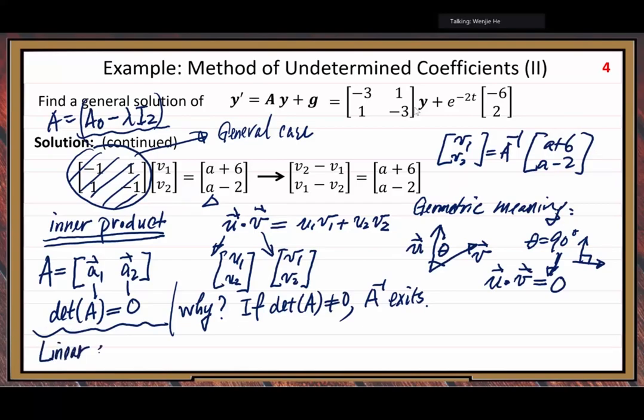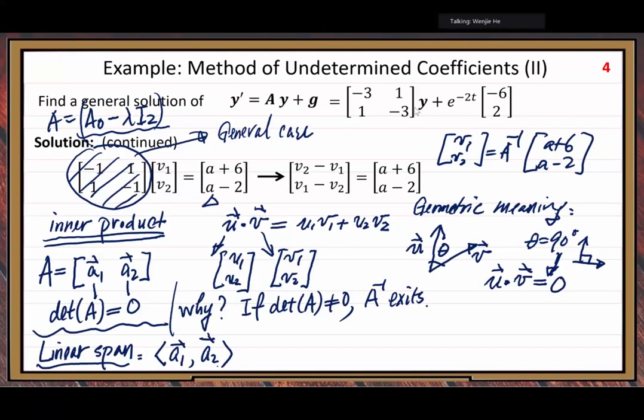We need to use it. People use this notation, angle bracket A1 and A2, to represent that we generate a linear space spanned by these two vectors. That's called a linear span.